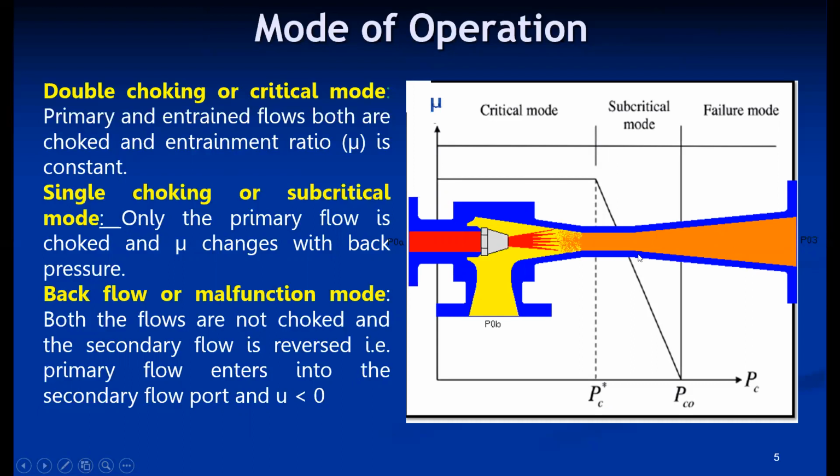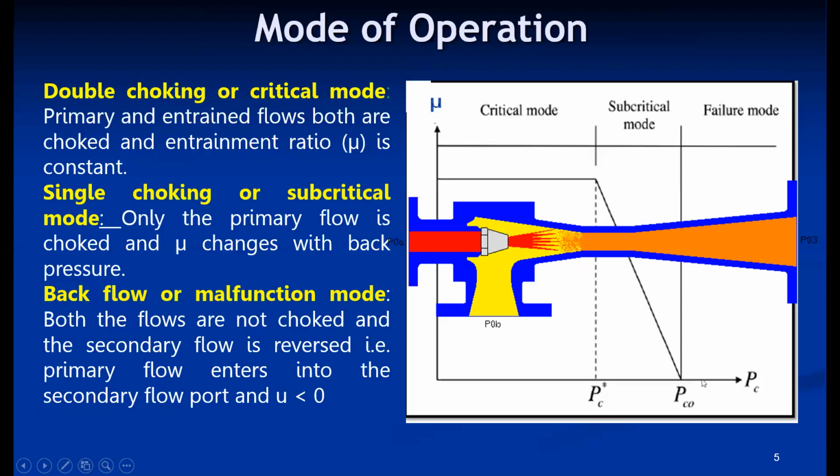And due to this back pressure, the primary fluid doesn't flow through the diffuser section, rather it diverts to the secondary section. So the flow is reversed, the secondary flow is reversed, and the primary flow enters into the secondary flow port. So there is no flow possible.